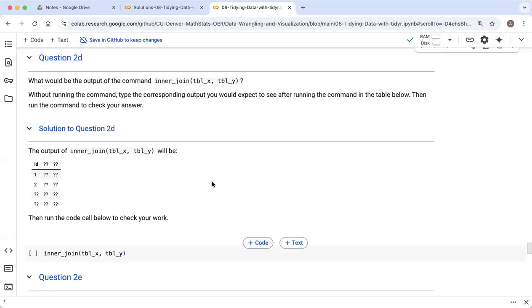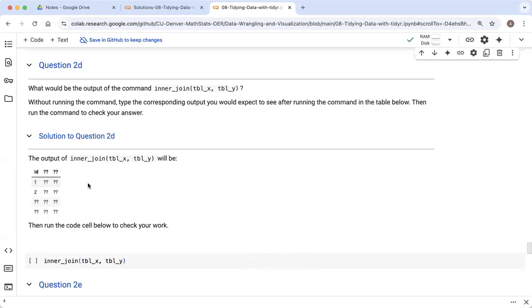In question 2D, we are doing an inner join on Tibble X and Tibble Y. And for an inner join, it's going to keep only the rows from both of the data frames that are present in both.